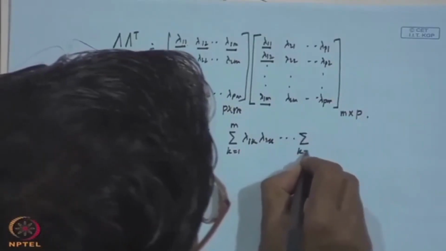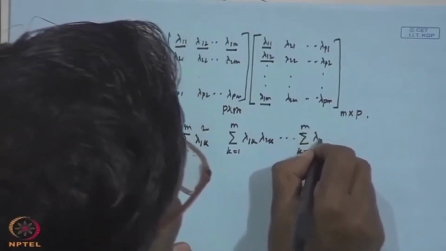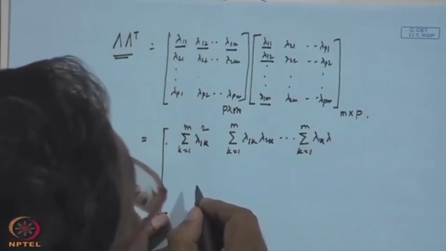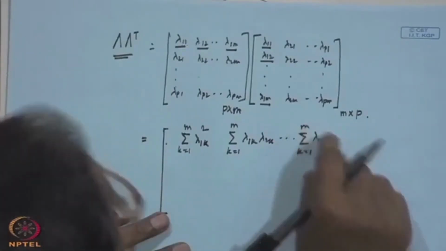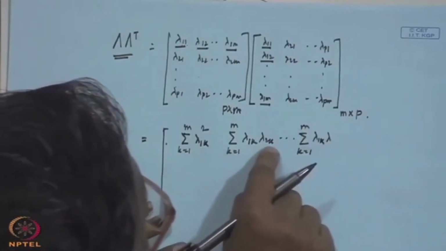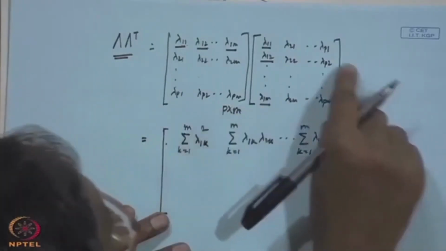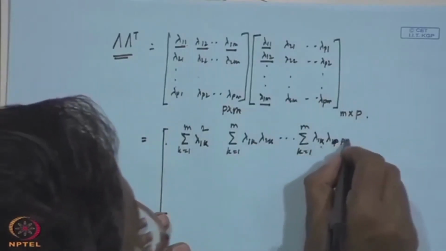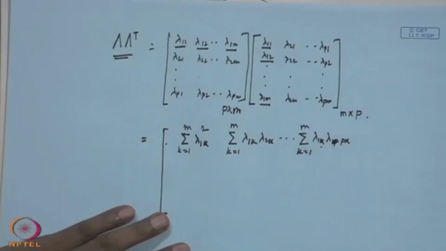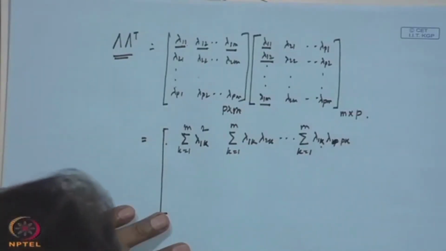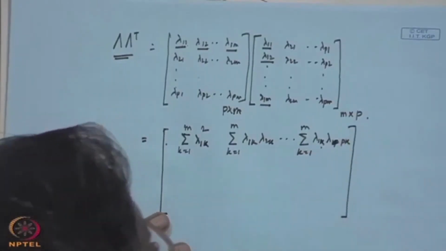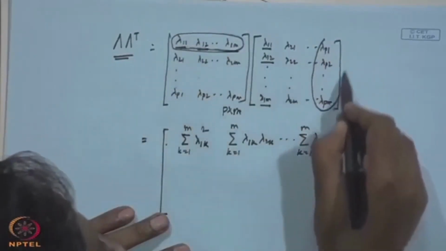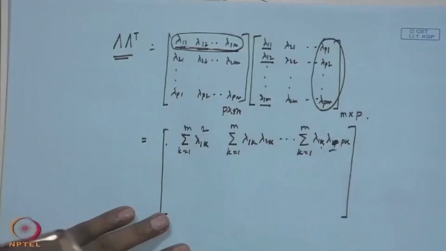In the same manner, k equal to 1 to m, lambda 1 k and lambda p k. This is p cross p matrix. This row vis-a-vis this column is coming here.